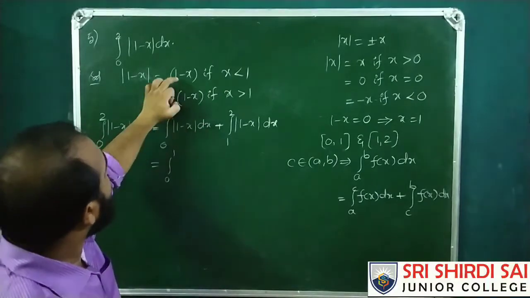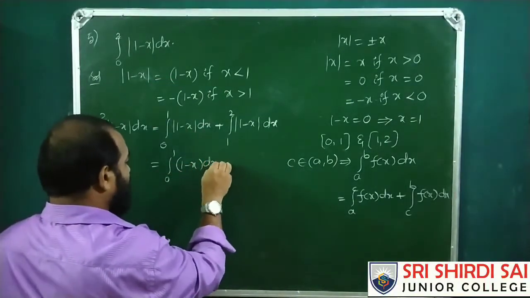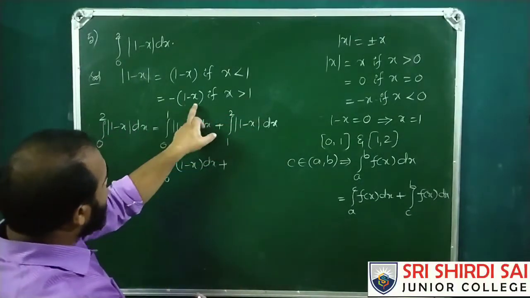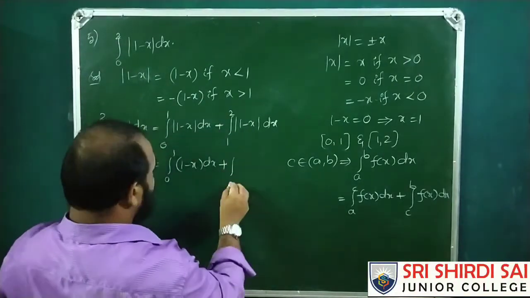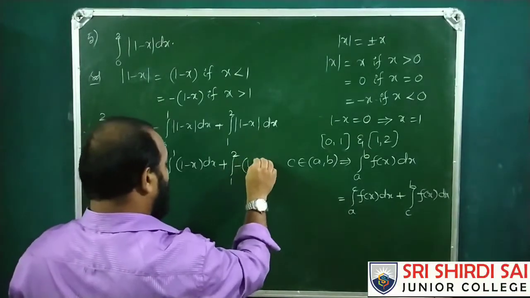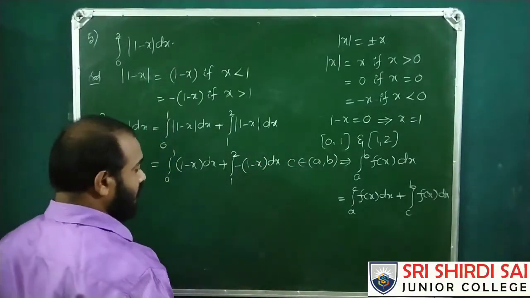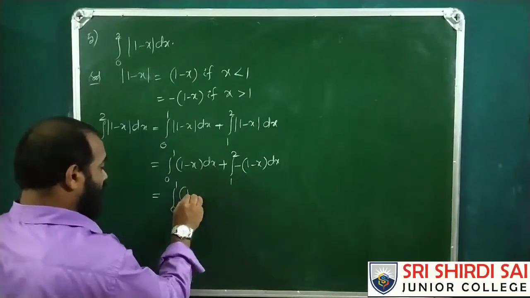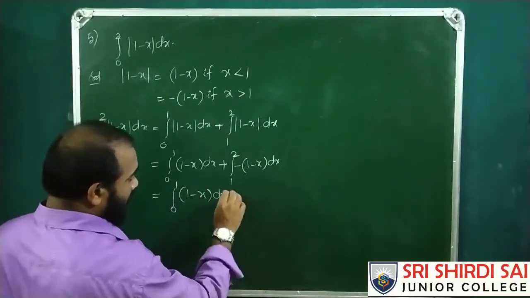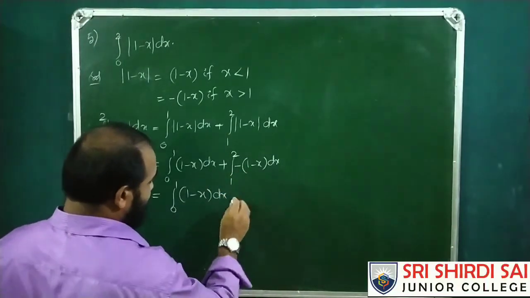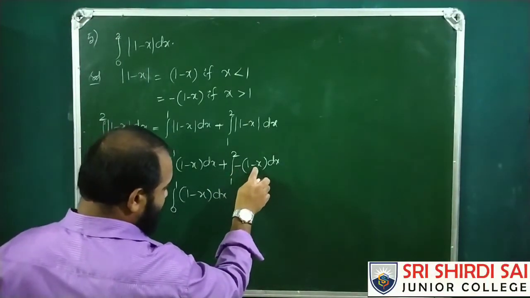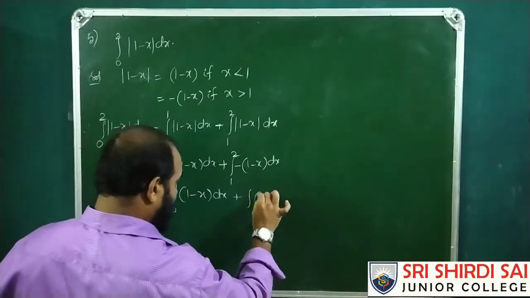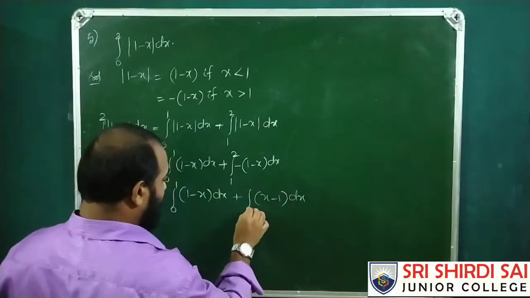So this value is 1 minus x dx, plus 1 to 2, which means greater than 1, this value is minus of 1 minus x dx. This equals integral 0 to 1 of 1 minus x dx, plus, minus into minus is plus, minus into 1 minus x, so this is x minus 1 dx from 1 to 2.